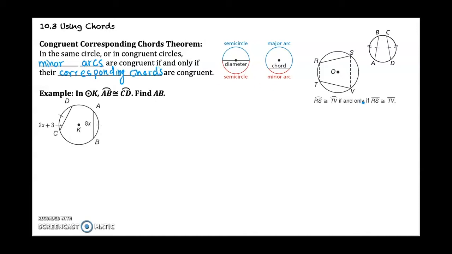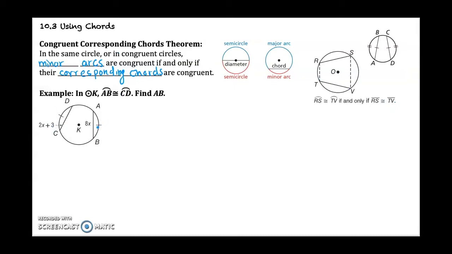So if I know that the arcs are congruent, that means I know that the chords are congruent. And conversely, if I know the chords are congruent, that means I know the arcs are congruent. And this symbol is what we use for arc, so that would be the line segment. And then we use this nice curved thing for an arc. So arc RS is congruent to arc TV, if and only if the chord RS is congruent to the chord TV. So let's look at that in this example real quick here.